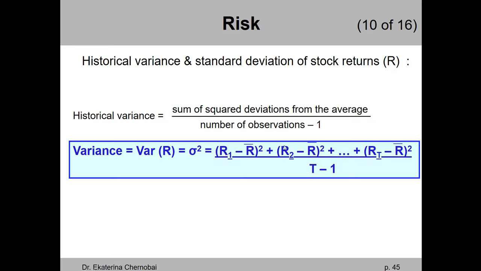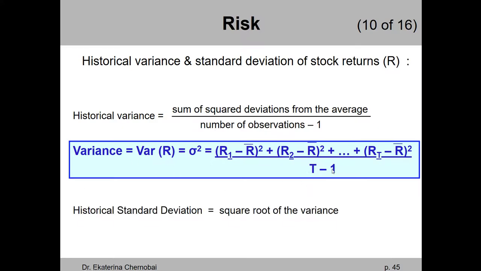R2 is going from 1926 investment value to 1927 investment value. We calculate the return in percent. That's R2. RT, in our case, is for going from 2012 to 2013, our last, 88th year in our historical time period. And R bar everywhere is the same number.